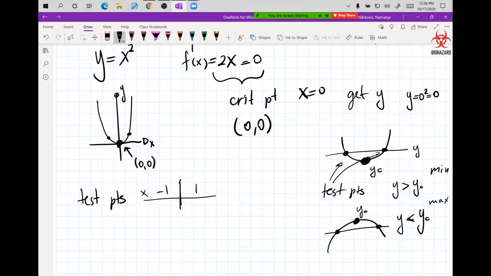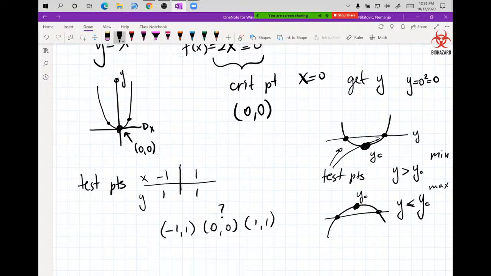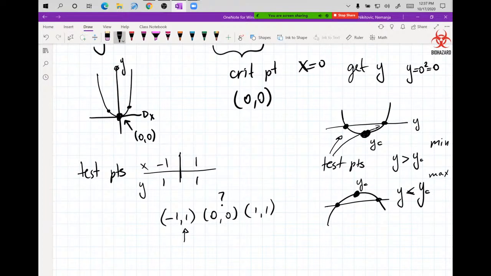When I plug them into the original function, I get 1 squared is 1, 1 squared is 1. So what are my points? My points are -1, 1. 0, 0 is my point in question. And on the other side, 1, 1. What I see here is that this y value is higher than 0. I want to write 1 bigger than 0, thank you. And this one over here is also 1 bigger than 0.